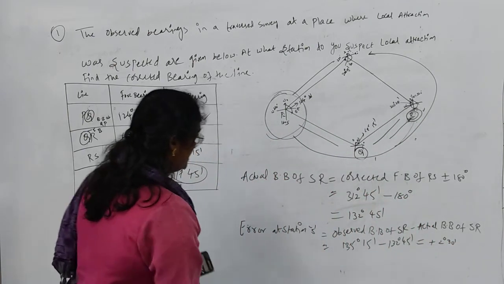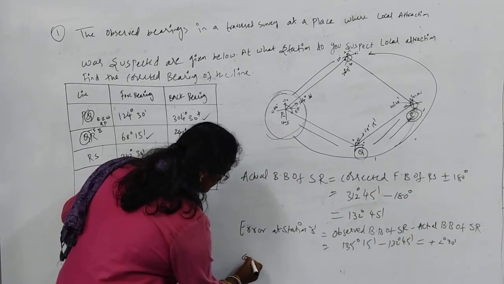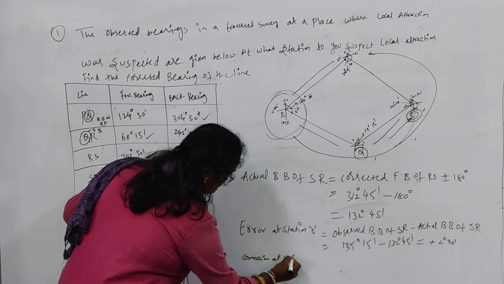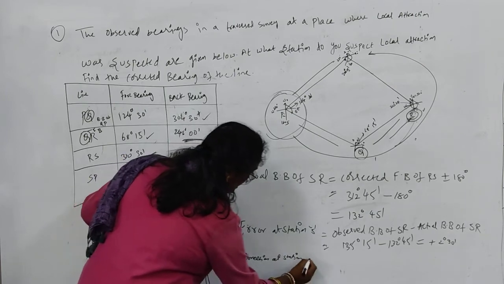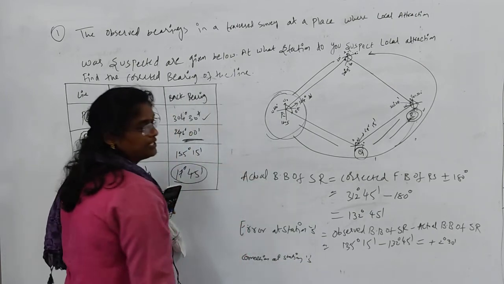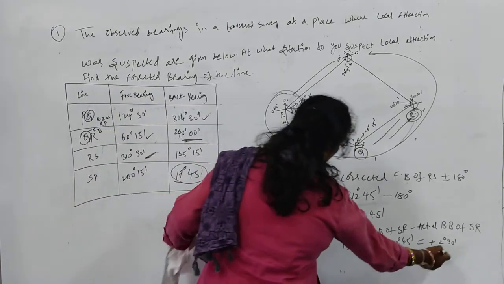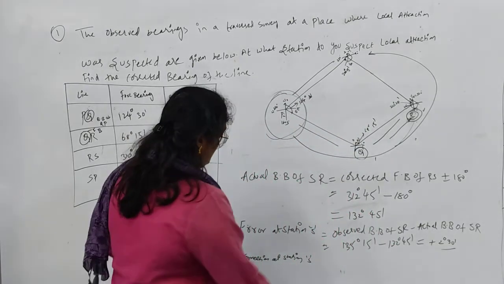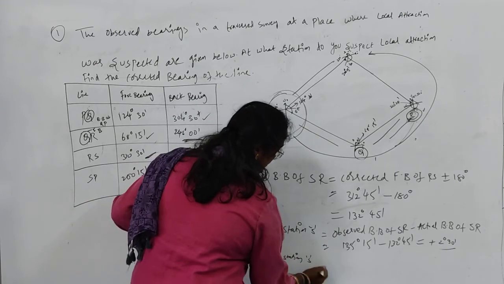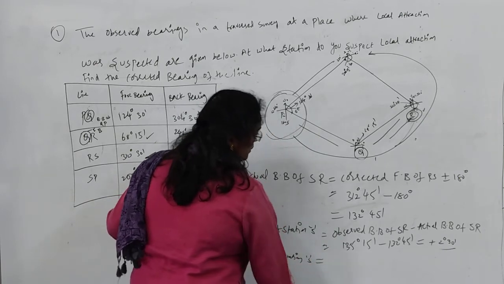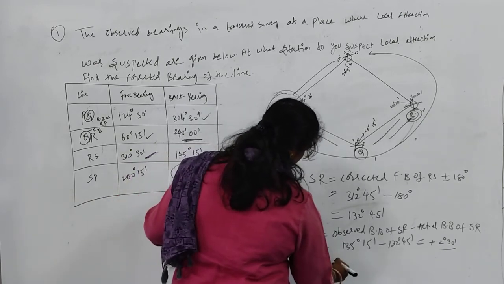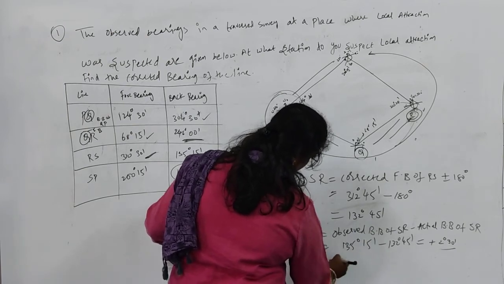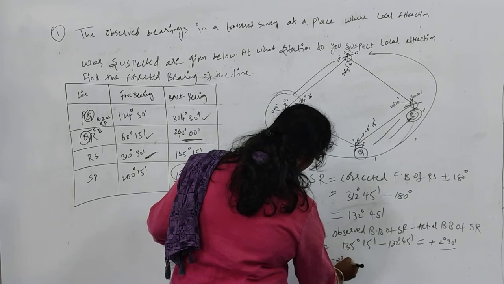Now what will be the correction at station S? Just now I told you the condition: whenever you get a positive error, you have to apply a negative correction.